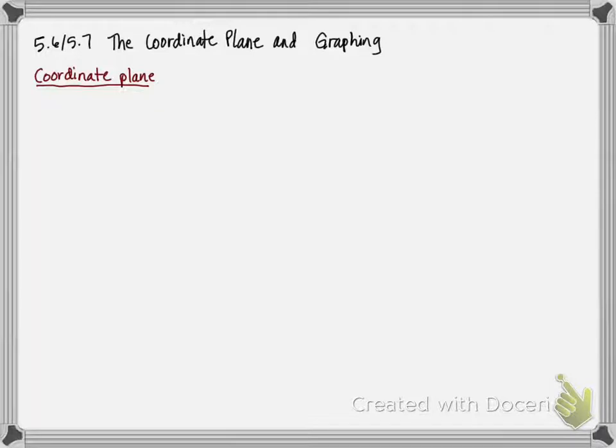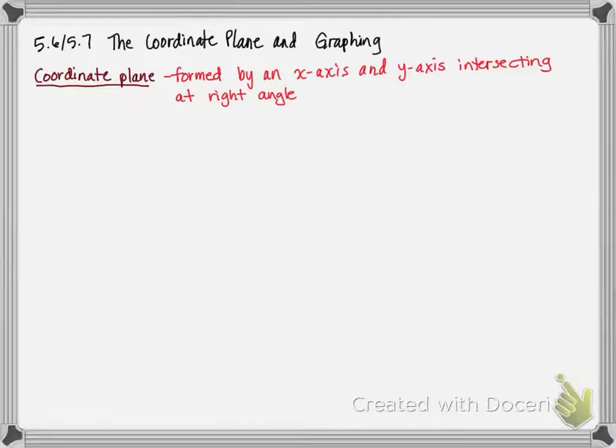So the coordinate plane is formed by an x and a y axis. I'm going to actually write it x-axis and y-axis intersecting at right angles at one point.